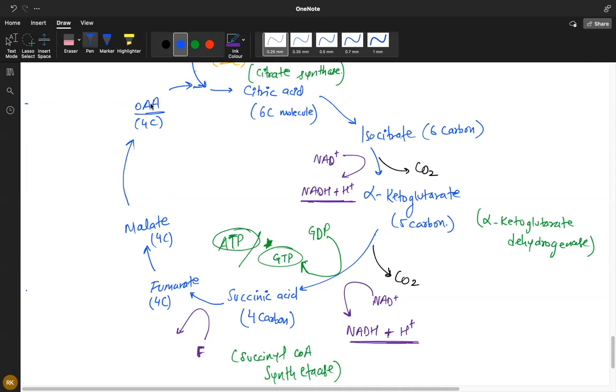Is it clear? Yeah. Now from succinic acid to fumaric acid, there is a molecule called FAD, not NAD this time, FAD, which converts into FADH2.